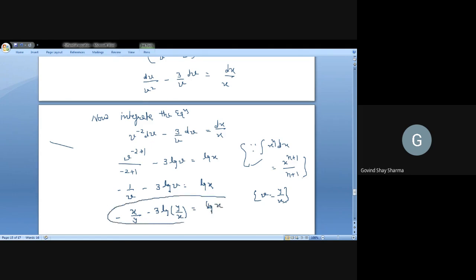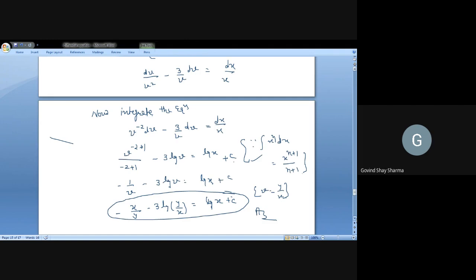This is the final answer of our differential equation.